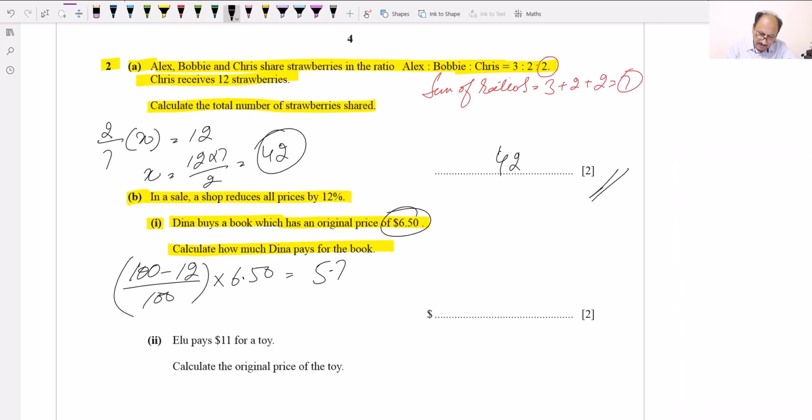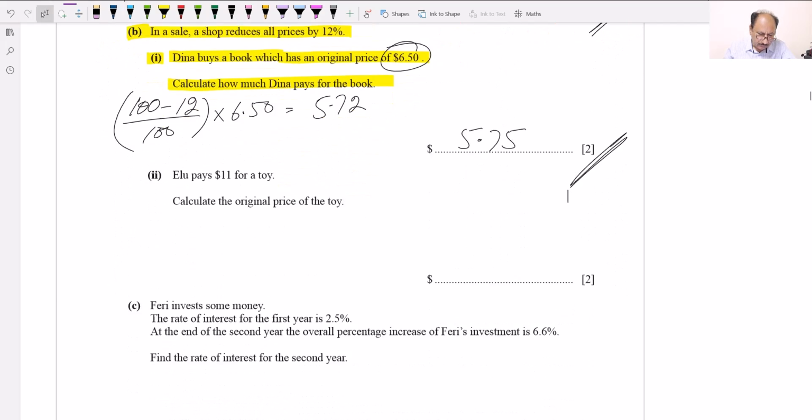So 5.72 will be the payment, Dina will be paying this many dollars.